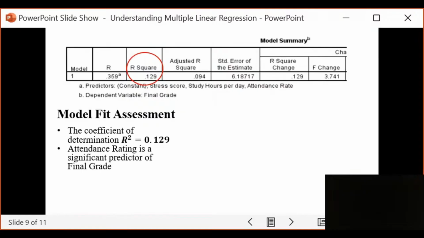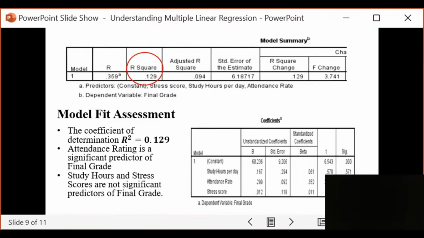Okay, so we have here the model fit assessment. The coefficient of determination R squared is 0.129. Attendance rate is a significant predictor. Okay. Dito naman, I think we've already discussed this earlier, yung ano ang nilalaman ng table na to.